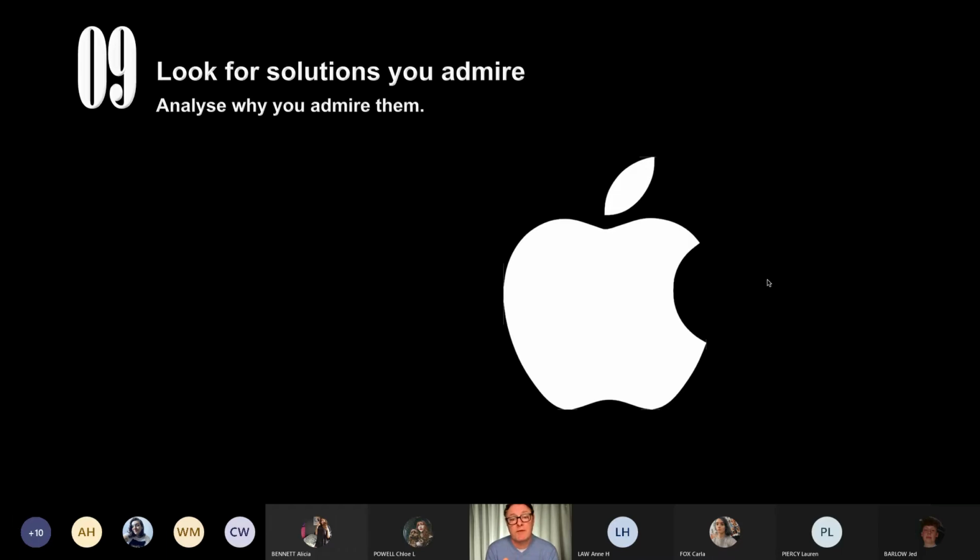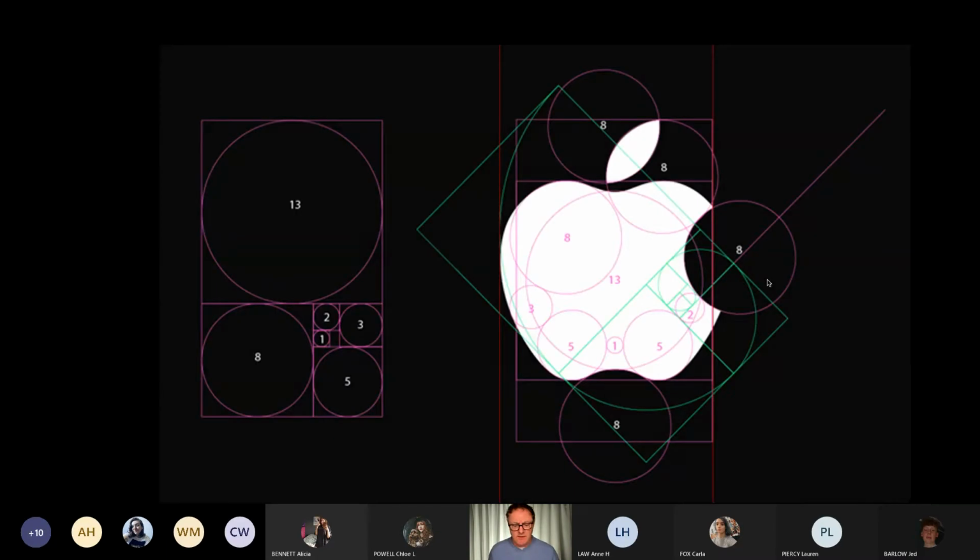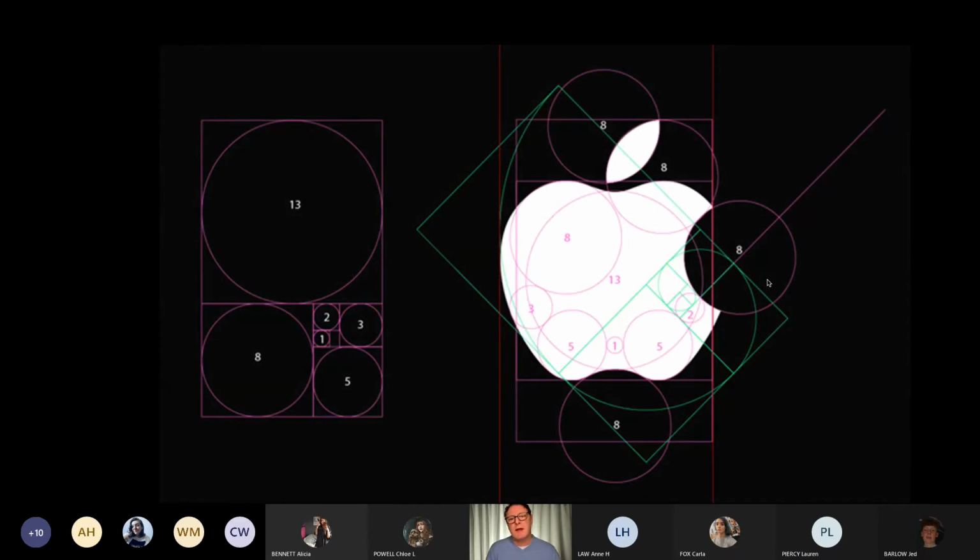Take the Apple logo, for instance, which is a very familiar graphic device. Most people are familiar with it. But if I turn on the construction lines, it gives a clue as to perhaps why you might like it, because it's got this beautiful composition of well-drafted curves. It's actually a piece of mathematical ingenuity.